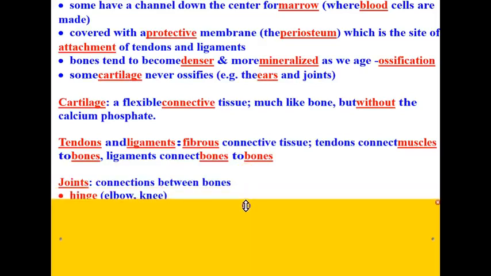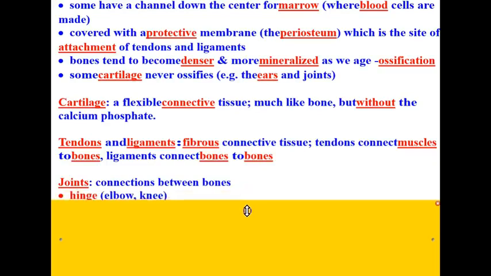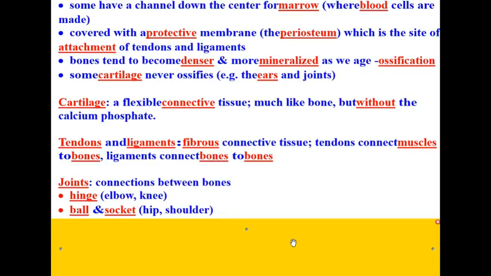All right, lastly, joints. Joints are connections between bones, and we have 5 different kinds. We have the hinge joint, examples of which are your elbow or your knee, excellent examples of hinge joints. We have the ball and socket, where your upper leg, the femur, goes into your pelvic girdle, and where your humerus in your upper arm inserts into your shoulder are great examples of ball and socket joints.